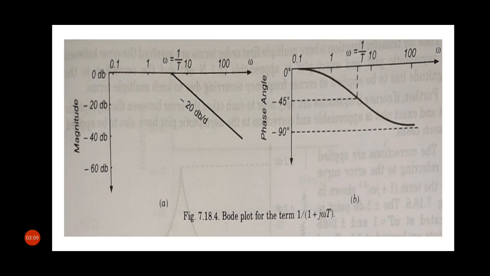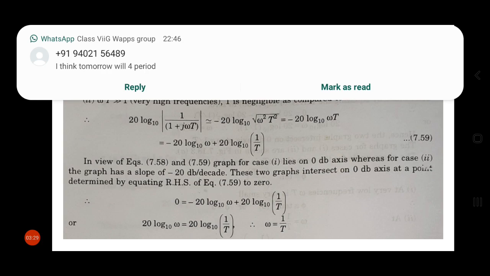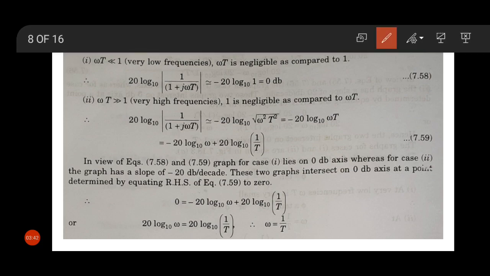See, these two graphs intersect on the 0 dB axis at a point determined by equating the right hand side of equation 7.59 to 0. If we equate the right hand side of equation 7.59 to 0, then we find omega equal to 1 by t.